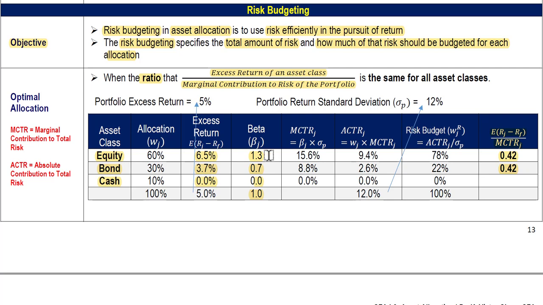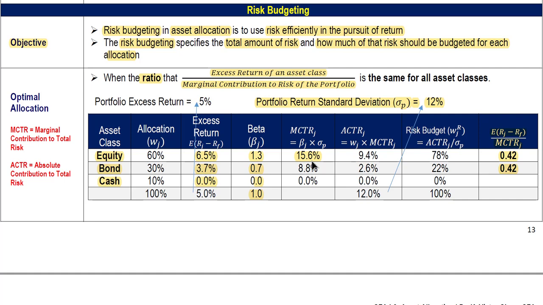Then the risk of the portfolio is measured by the standard deviation of the portfolio, 12%. So if I use 1.3 times 12%, I get 15.6%. That is the marginal contribution to the total risk of the portfolio from the equity class.